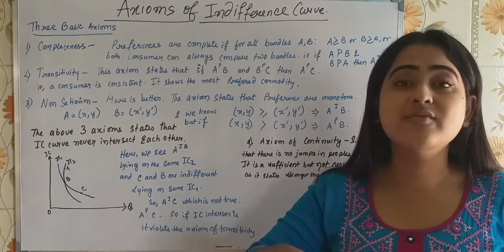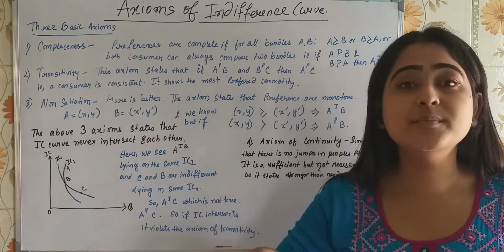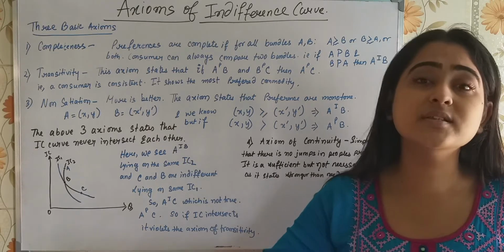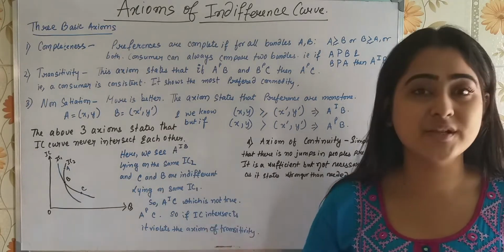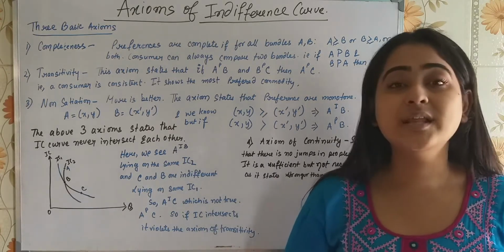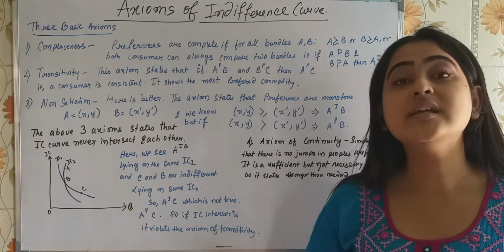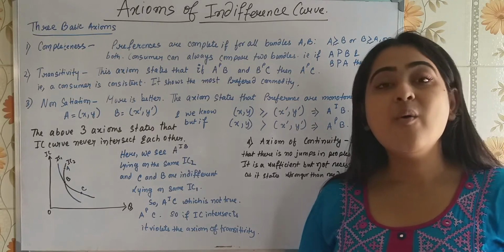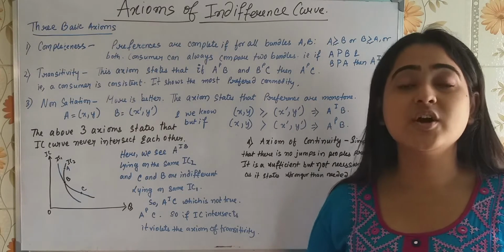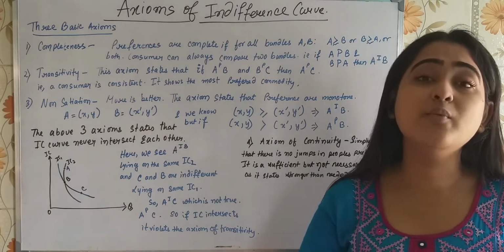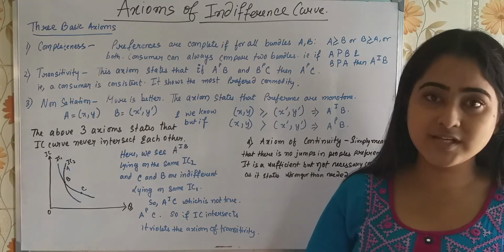So this ranking of commodities on the basis of utility, on the basis of choice, is called preference. Now to understand preference, we use what? The indifference curve. Before you study the indifference curve, you must know three important axioms of indifference curve.